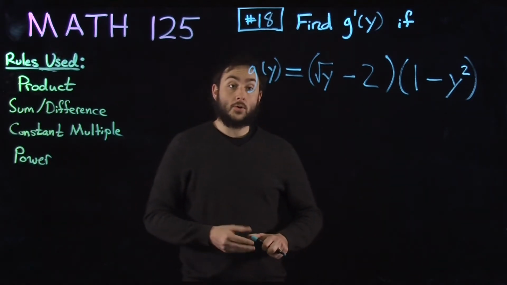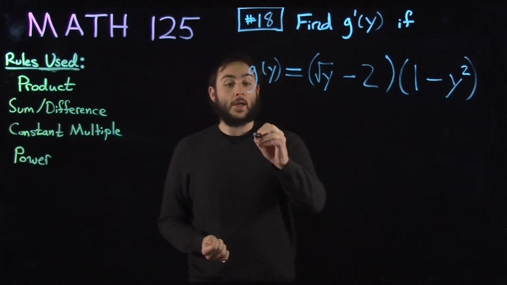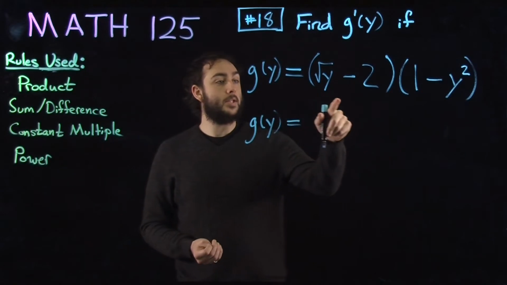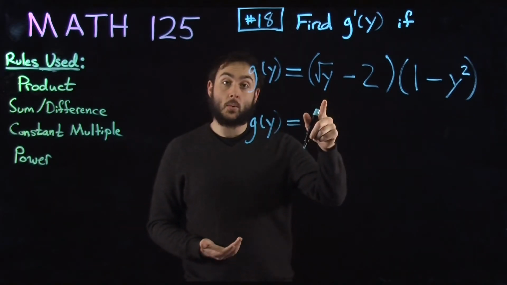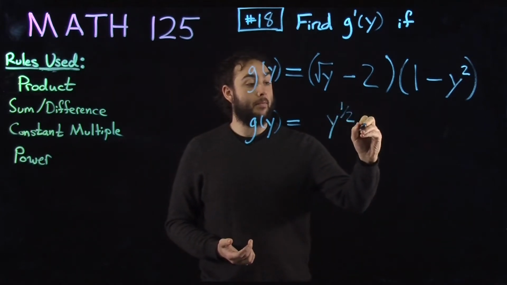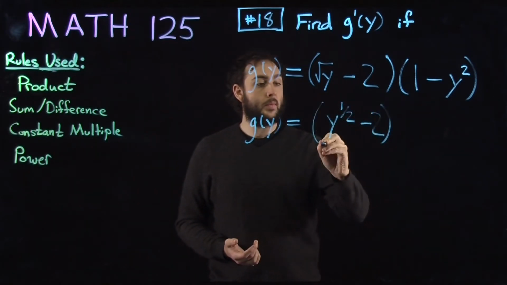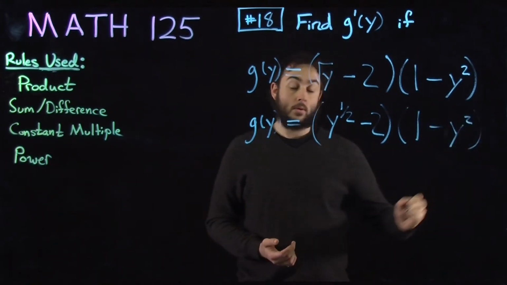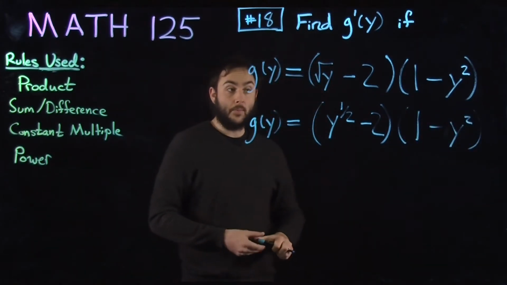So one thing we're going to do before we proceed with the differentiation is we're just going to rewrite this first term, in particular the square root of y factor. We're just going to write that as y to the 1/2. This makes it clear that we're going to want to use the power rule after we apply the product rule.